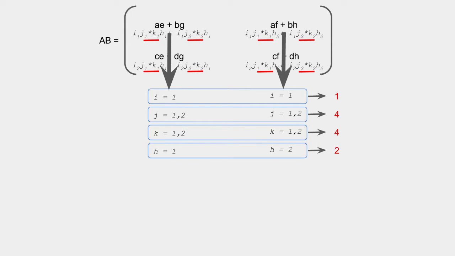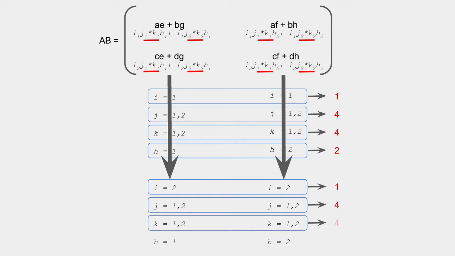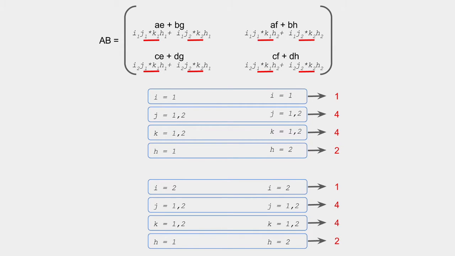This is true for the second row of the resultant matrix too: I varies one time, H varies two times, J and K vary four times. Now, if you look into the entire matrix, we can see that I varies only two times, H varies four times, and J and K vary 8 times.